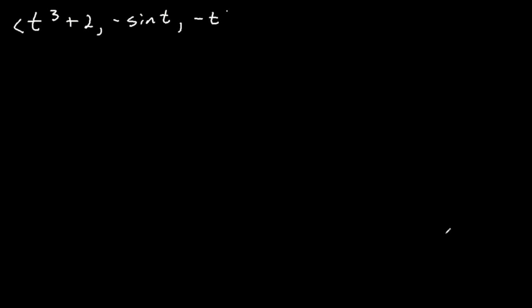Negative t to the power of 6, I guess. So this is equal to our position function, and we're trying to find the vector equation of the line at, let's put 0.